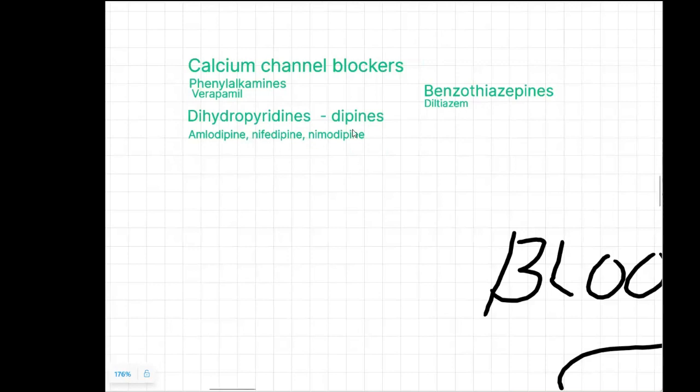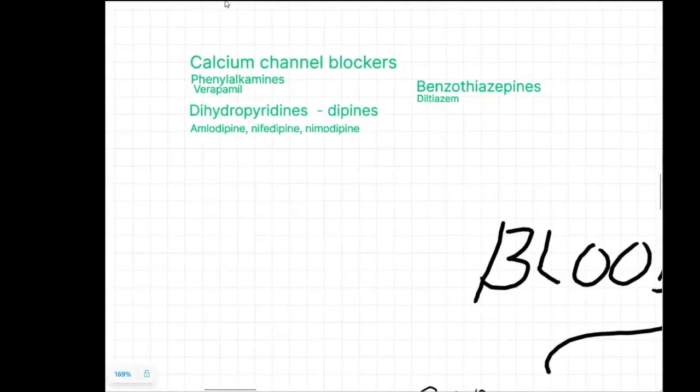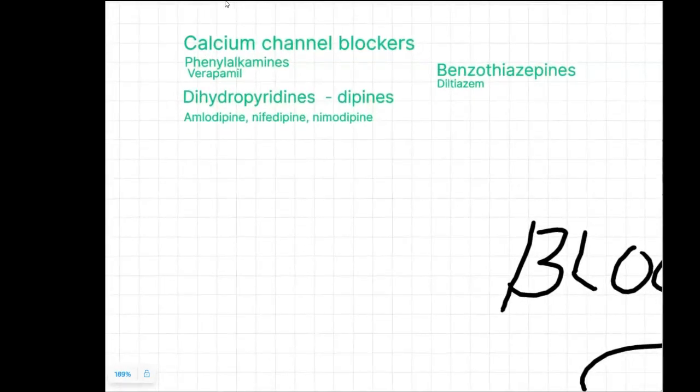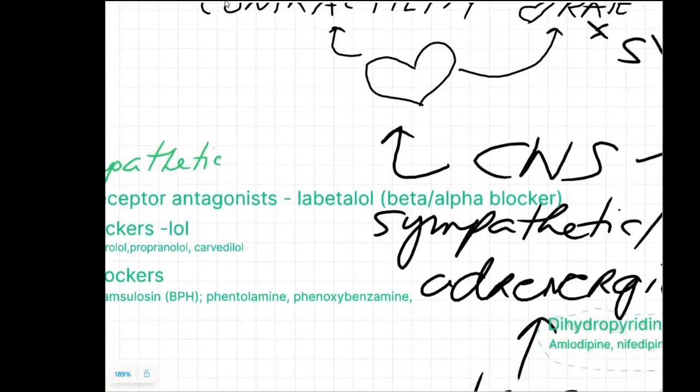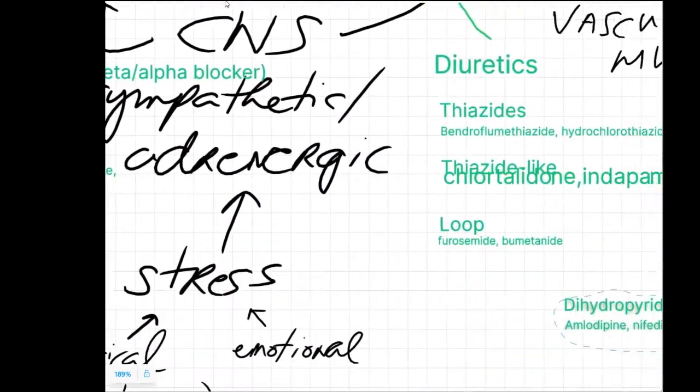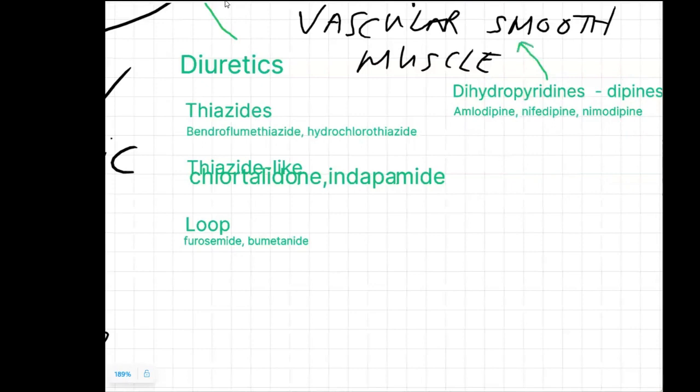Okay, so what they do, because they are calcium channel blockers, they block the calcium from going into the wall of the blood vessel. And so that relaxes the vessel wall, causing vasodilation. So they actually act here, causing that relaxation.